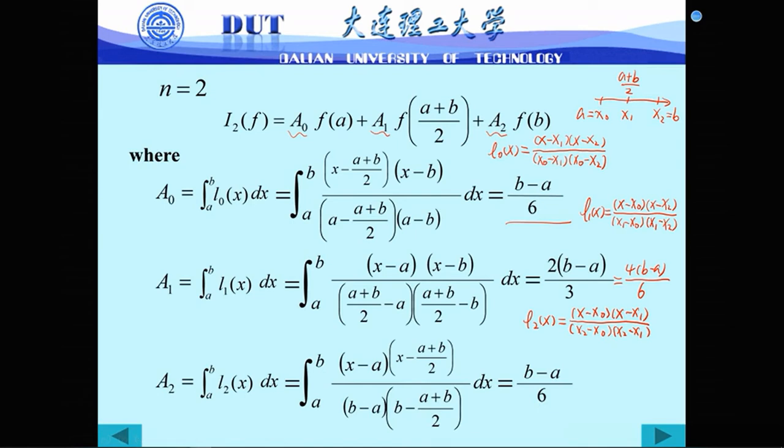So here we obtain the 3 coefficients or weights, a0, a1, and a2. Actually, I should remind you, a0 equals a2. If you remember the figure, here, I directly draw here.